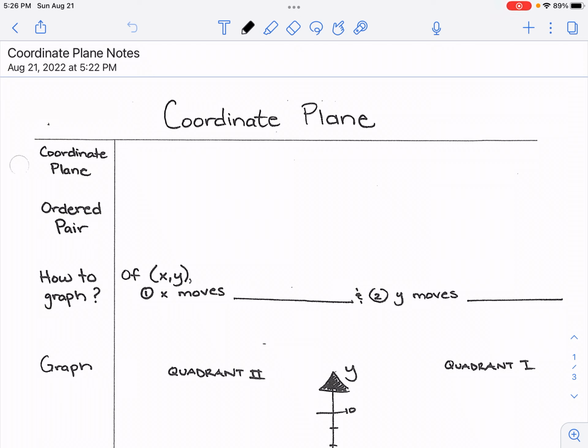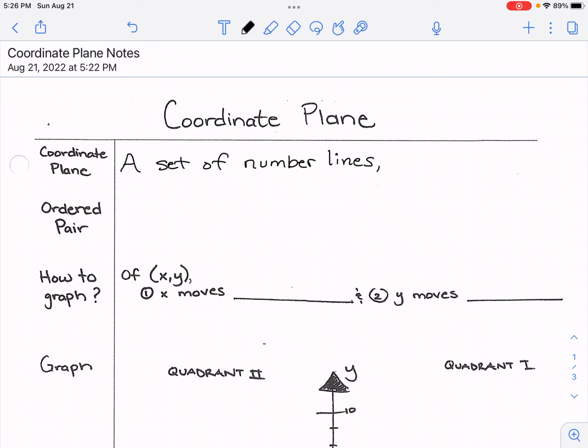All right, let's go to the first thing. The coordinate plane is a set of number lines, and we have two number lines here.